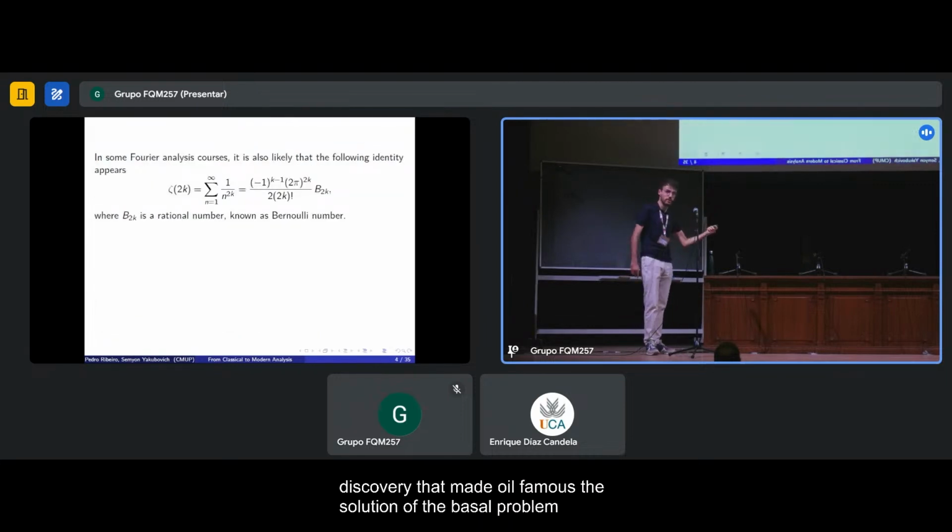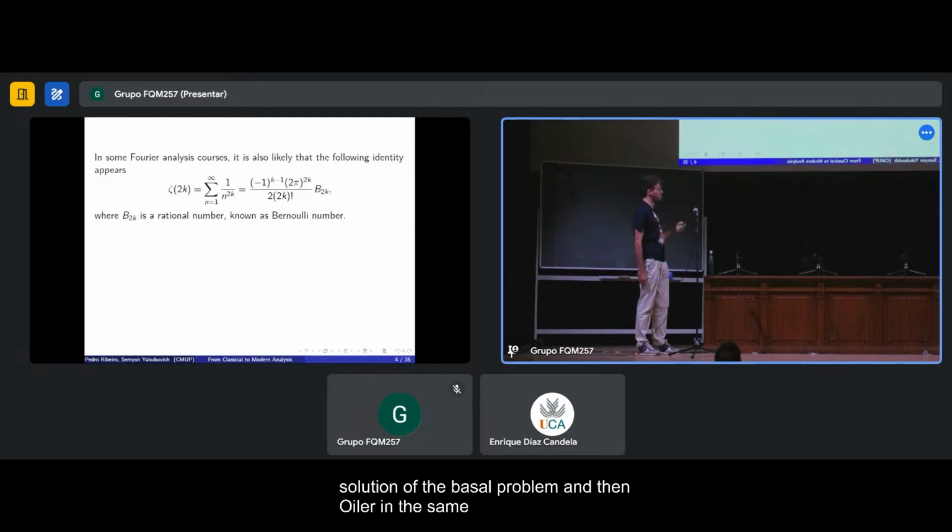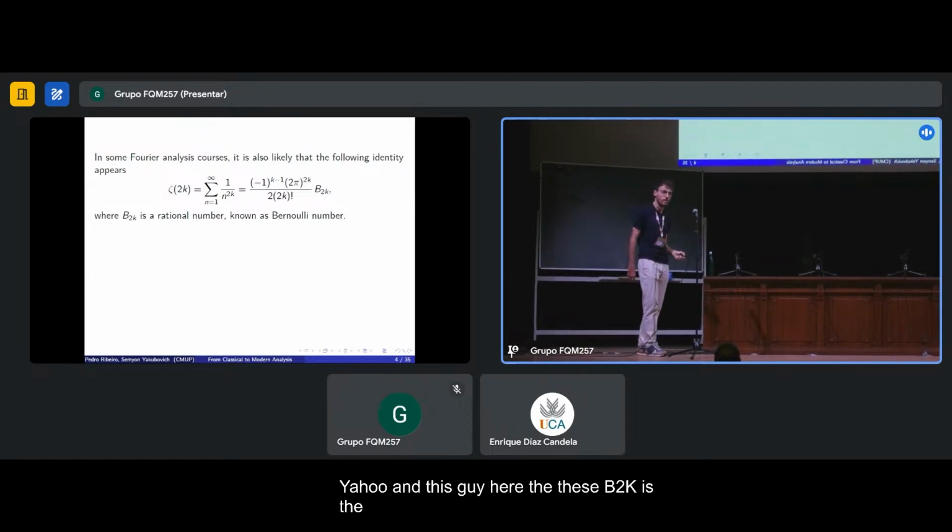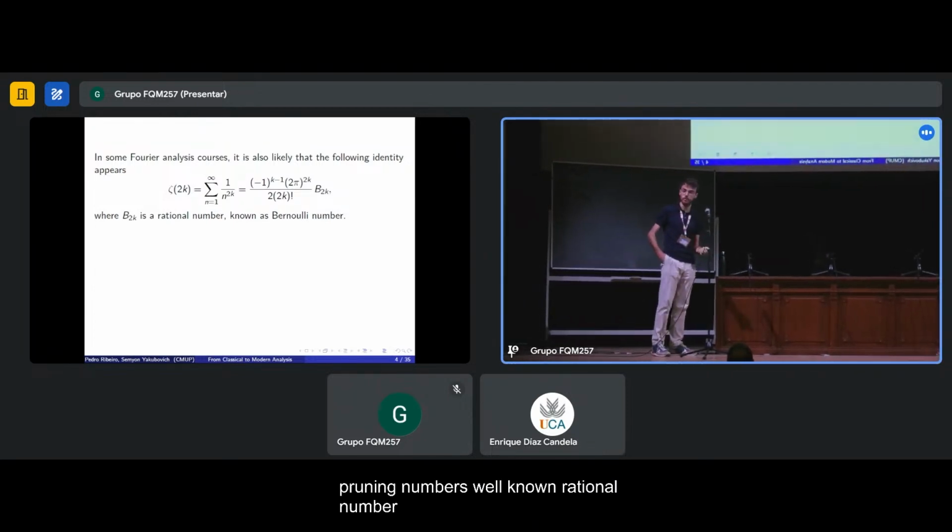And then Euler, in a later paper, actually in the same paper, generalized this kind of thing. He discovered that the zeta attached to all even integers will be a power of pi whose power is the same as the argument of zeta. And this B_2k is the Bernoulli number. It's a well-known rational number, usually coming from combinatorial problems.